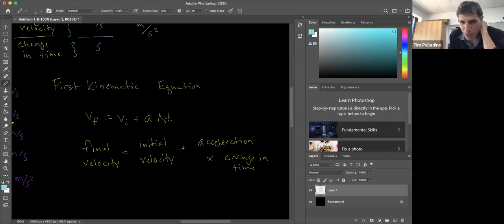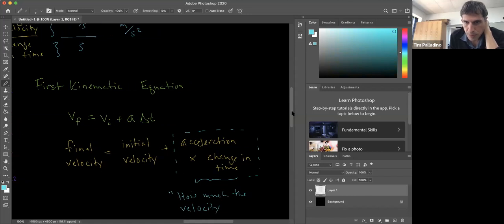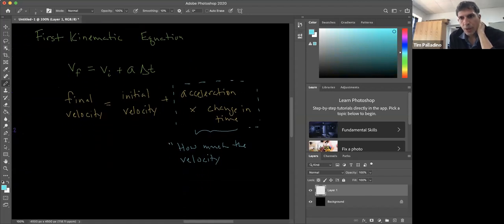And just one last thing, this part right here represents how much the velocity changes. Sometimes we say it's how much the velocity changes, so increases or decreases.